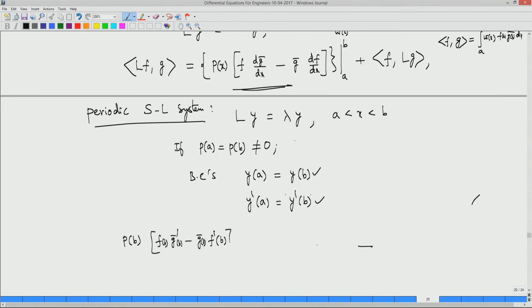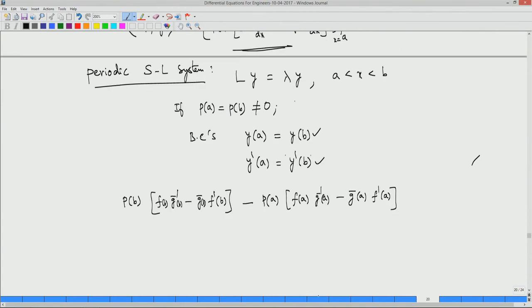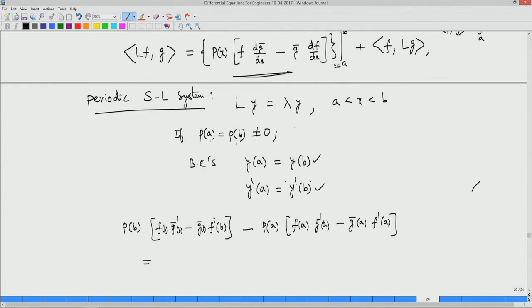Now you apply the limit at x equal to a, so you have minus p at a, f at a, g bar dash at a minus g bar at a, f dash at a. So this is what you get, that special term becomes this value, you can easily see. Now we put Pa equal to Pb, so Pa is common.